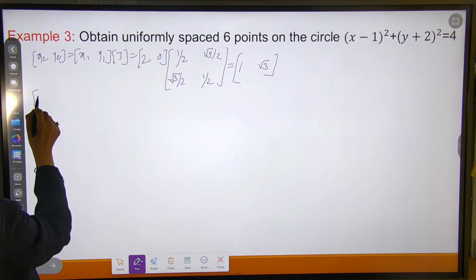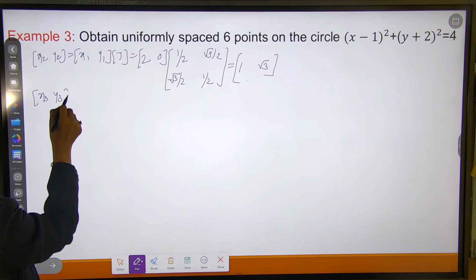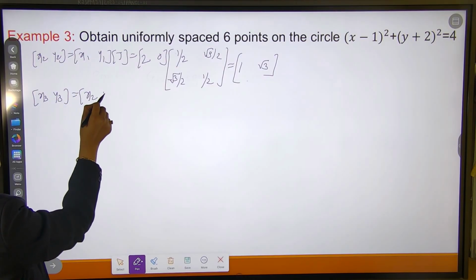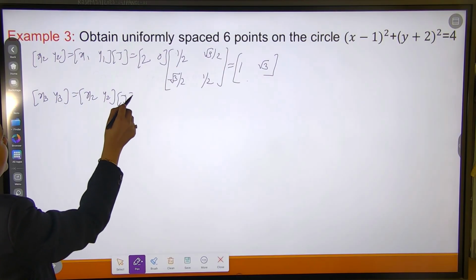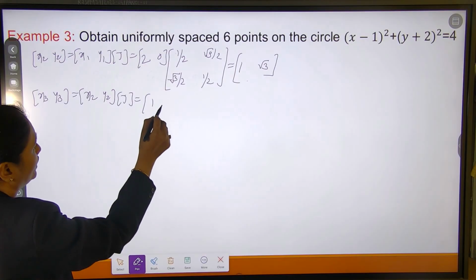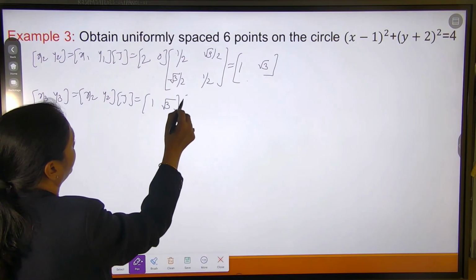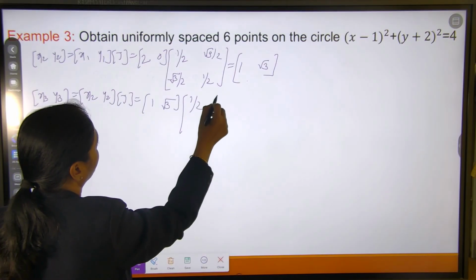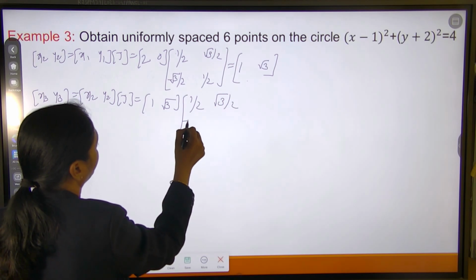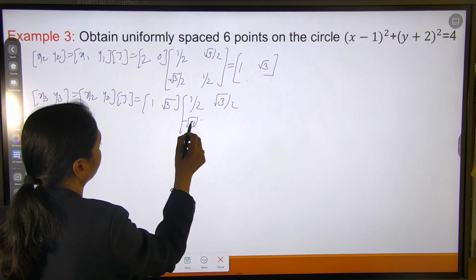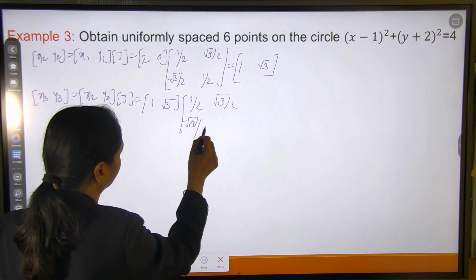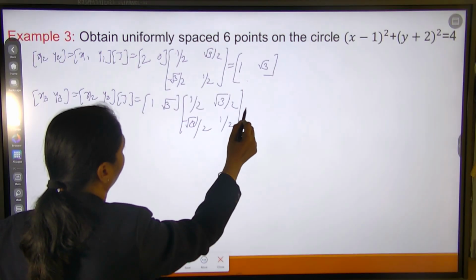Then x3 y3 is x2 y2 into t. Now x2 y2 is 1, root 3 into 1 upon 2, root 3 by 2, minus root 3 by 2, 1 upon 2.